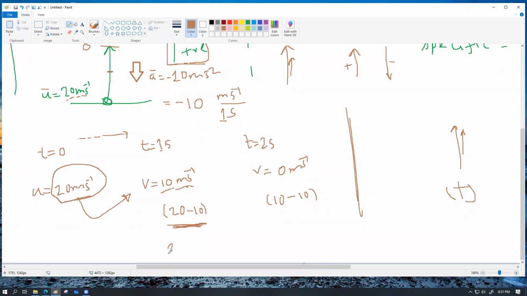Or I could write 20 plus minus 10, where one vector is positive and the other is negative. Ultimately that also gives you 10 meters per second. That's why we say in this case the object is decelerating, because the acceleration is working in the opposite direction of the initial velocity, which means the object is slowing down. And slowing down is referred to as deceleration.